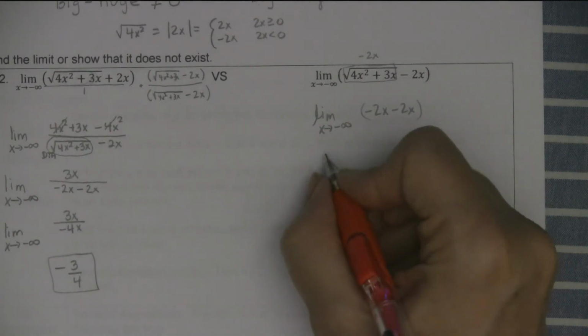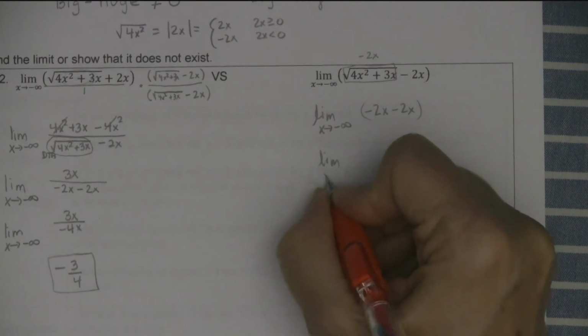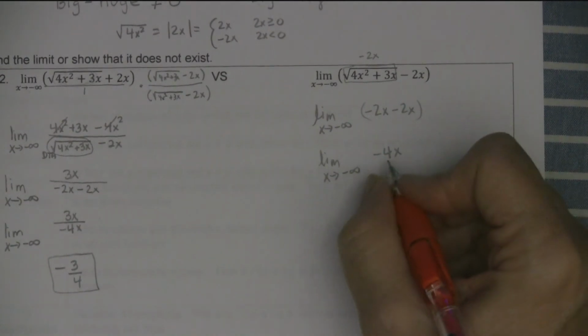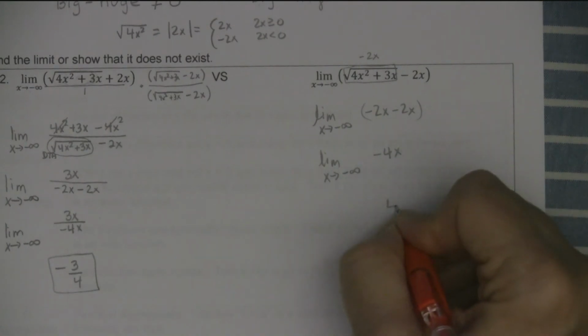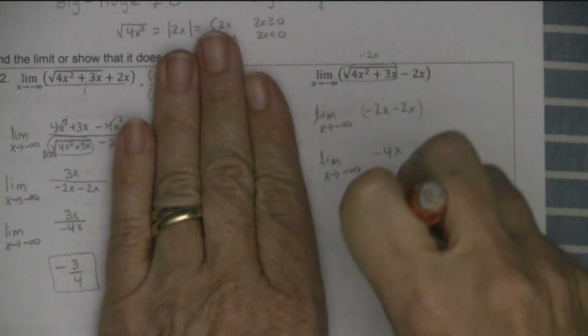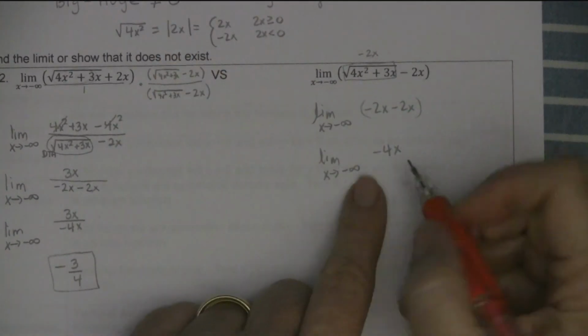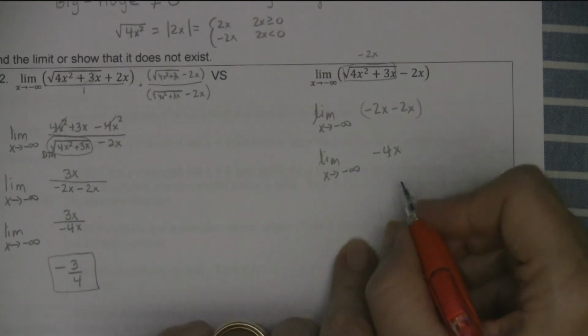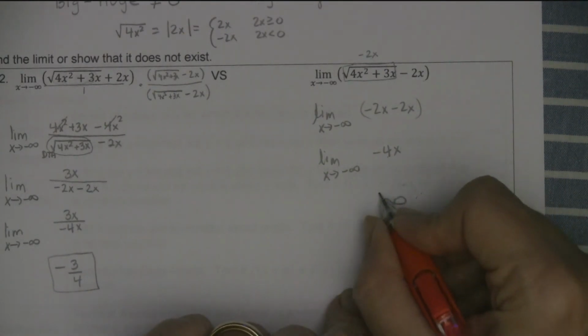And since I'm not going to call it 0, I'm okay to add them together. And so this is going to negative 4x, and this is going to 4. Oh, no, it's not going to 4. What am I saying? Going to infinity. Negative 4 times negative infinity is not 4. I'm pretty tired. It's infinity.